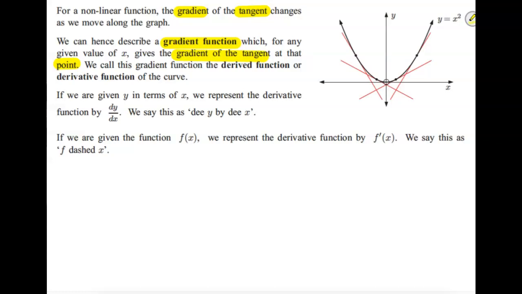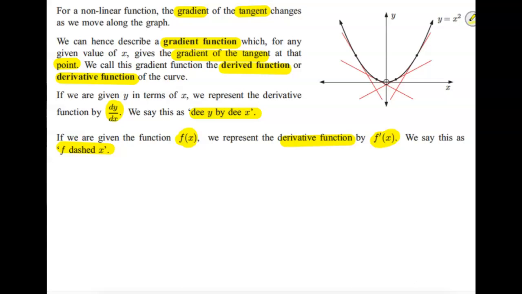We call this the gradient function, or the derived function, or the derivative of the function. The notation we can use is dy/dx, or if you have your function, the derivative is f dashed x, f'(x).